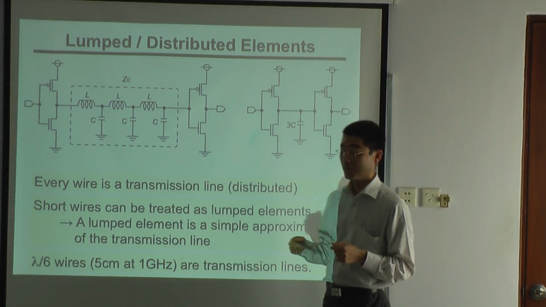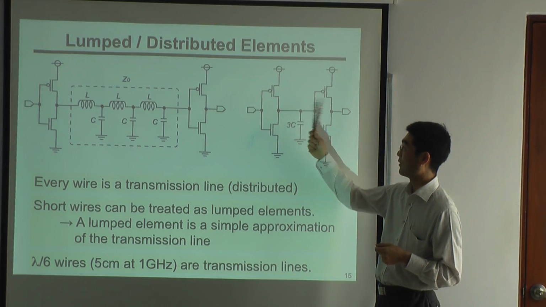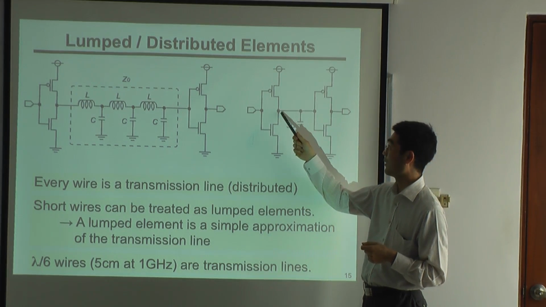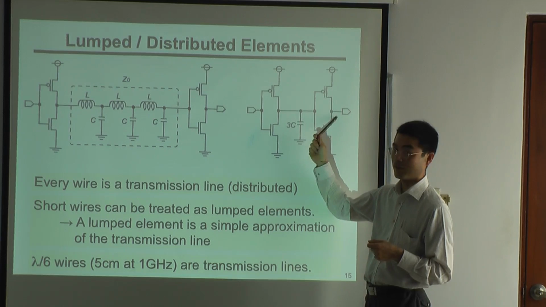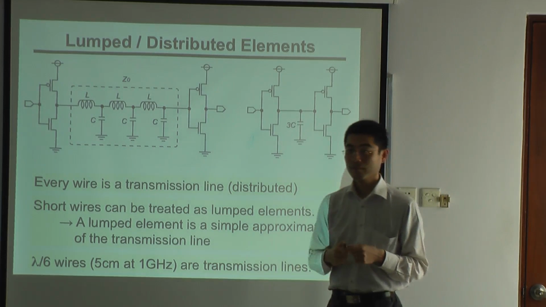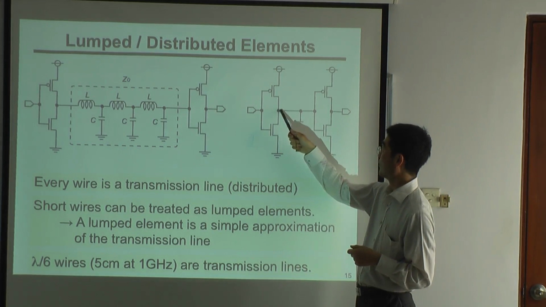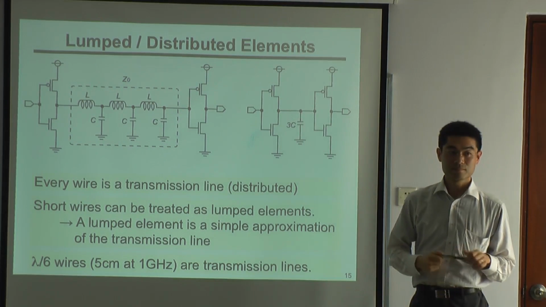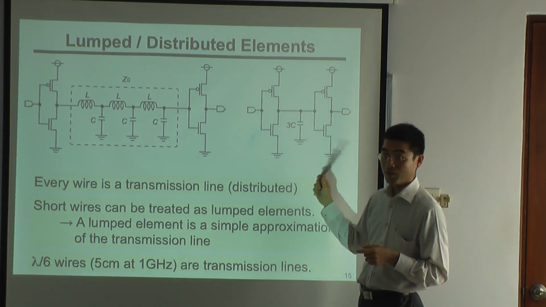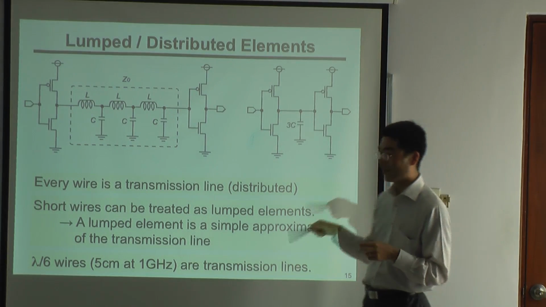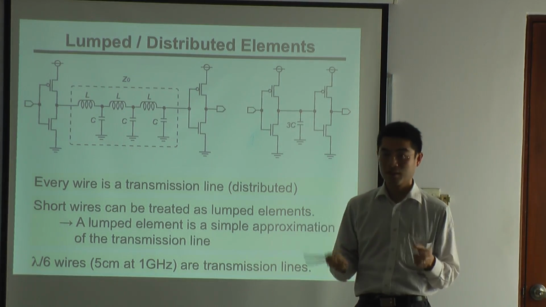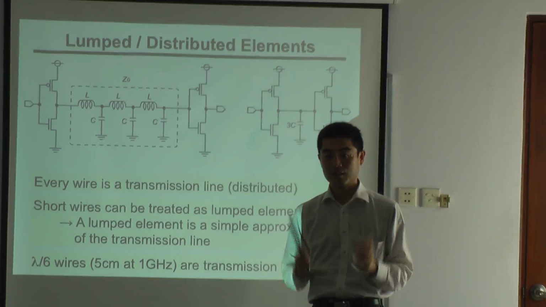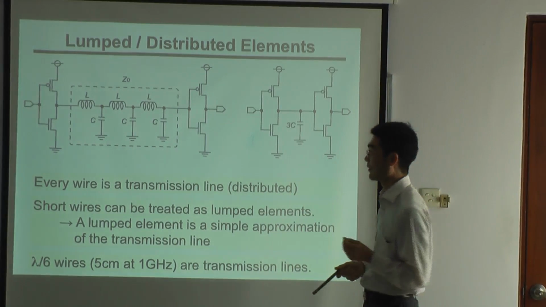So let's say we have a wire inside of the chip, and we have very small wires between inverters. And we say we only consider capacitance here. But actually, all wires always come with inductance and capacitance and resistance.